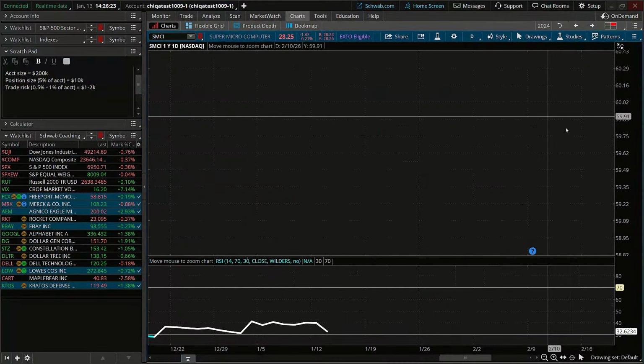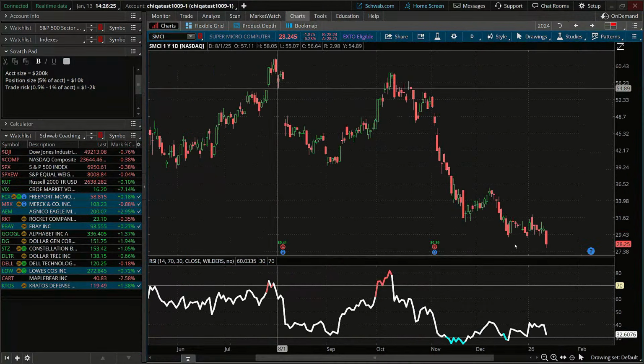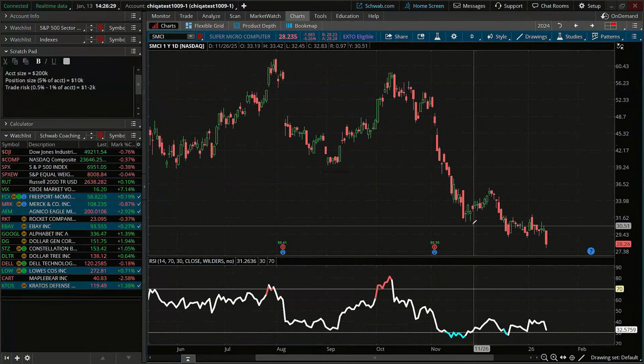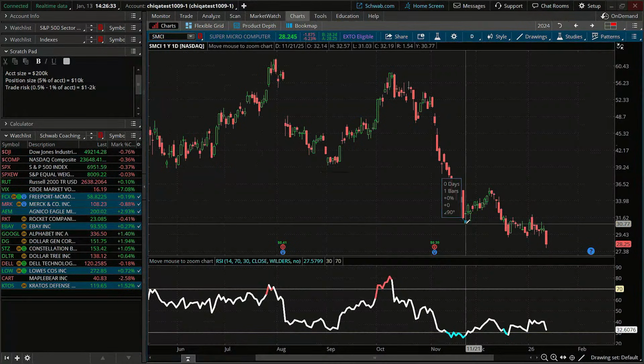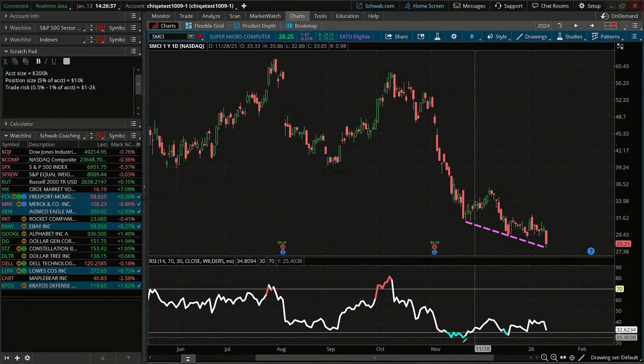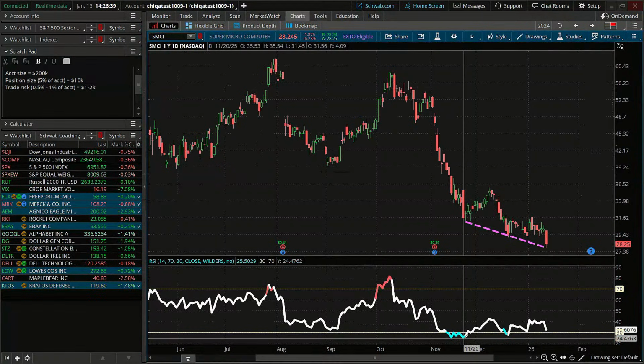This is going to be one of our examples that we can use for a bullish divergence in the RSI. And why? Because we can take this recent swing low to the current low right here, and compare where the lows in the indicator were.